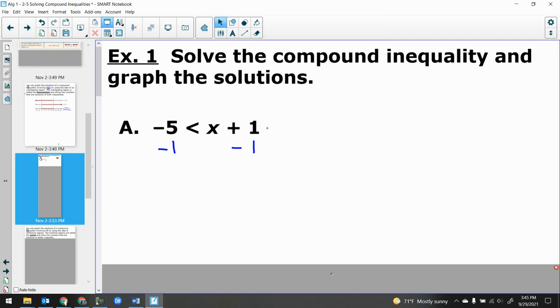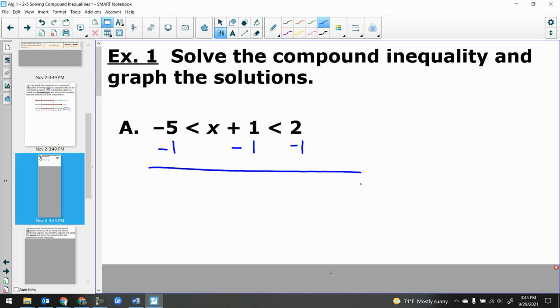Well, what if I move that white box over here? What if I wanted to solve this one? I would subtract 1 here and then subtract 1 here. So you mean to tell me I can solve them both at the same time? You mean to tell me we're getting a 2-for-1 deal? Yeah, folks. So you solve this, you get -6 is less than x is less than 1. Every and inequality is kind of like a 2-for-1 deal. You're solving two inequalities at once.